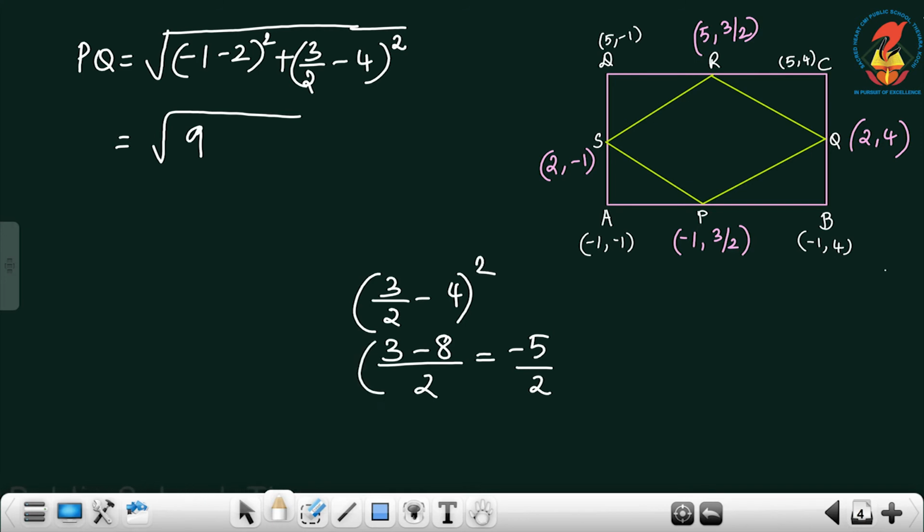And what will be the square of that? 25 by 4.